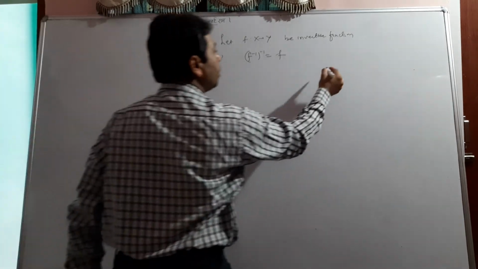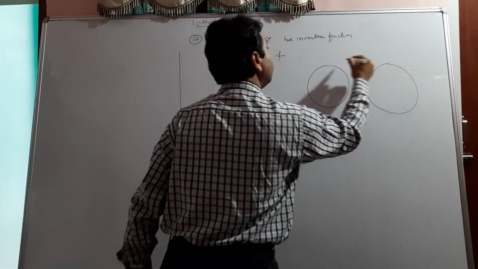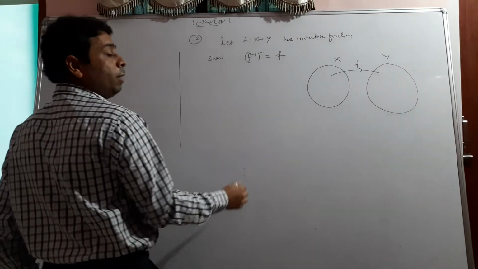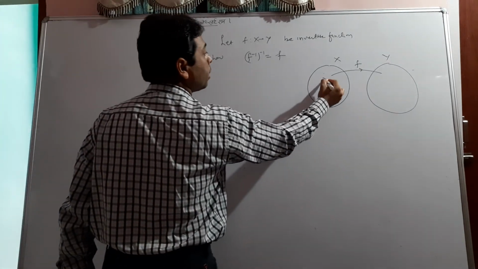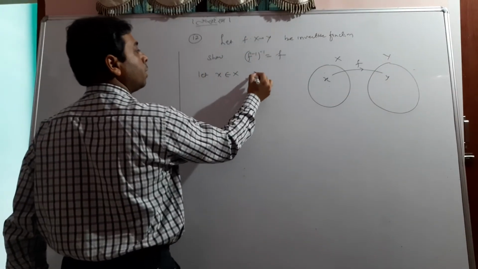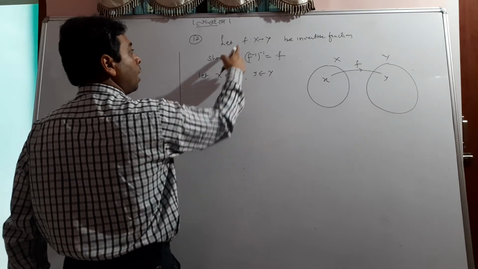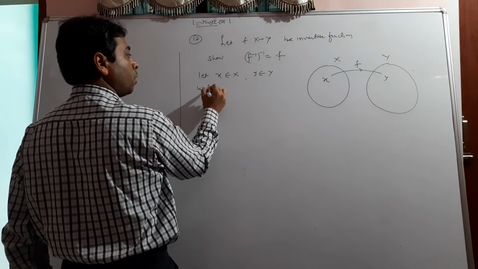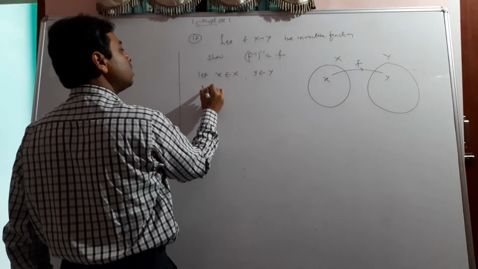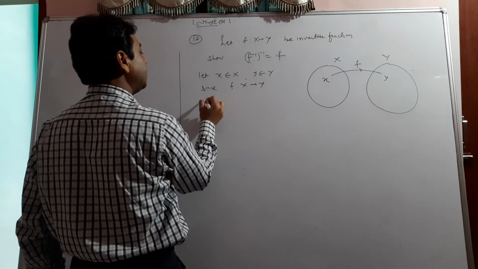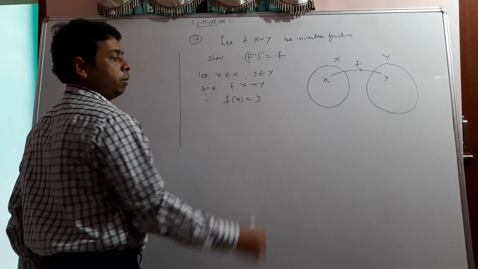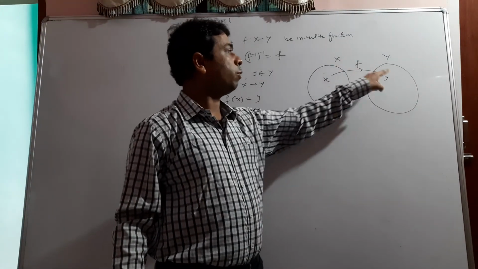So students, how to prove this question? First I want to make 2 sets here. This is X and this is Y. Any function is from this set to this set. So I'll first write, let x be any element of X, and y be any element of Y. Since f is from X to Y, the function will operate on x and give you y.